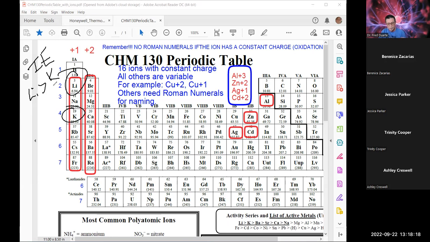Remember, going across the periodic table, that's not the case here. Point number two: they both have 1 valence electron in the outermost shell, with lithium having a total of 3 and potassium a total of 19, but both have 1 valence electron in the outermost shell.